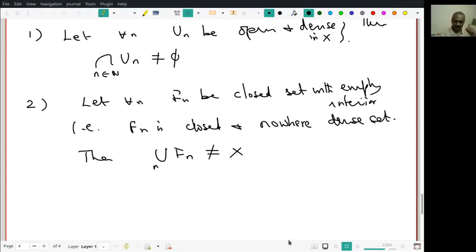A countable number of thin sets. The classical word for this may be meager. I use the word thin; for intuition, it's good enough to think of the word thin.